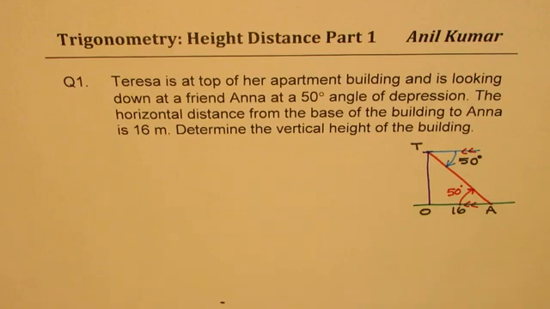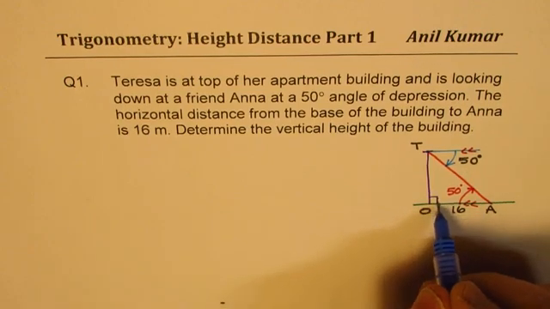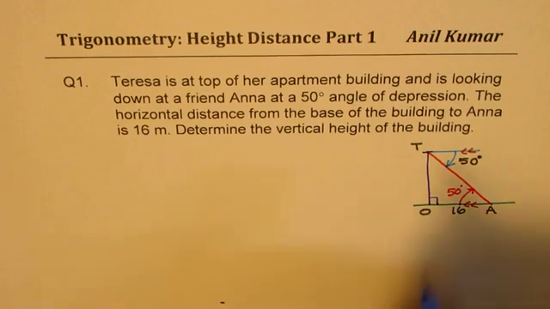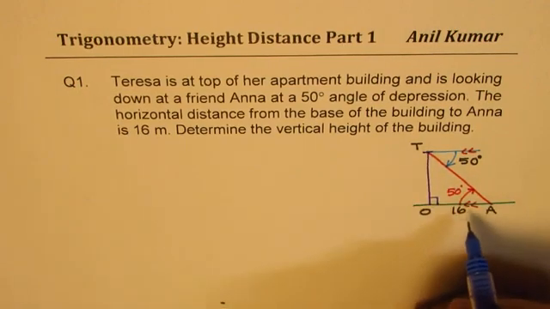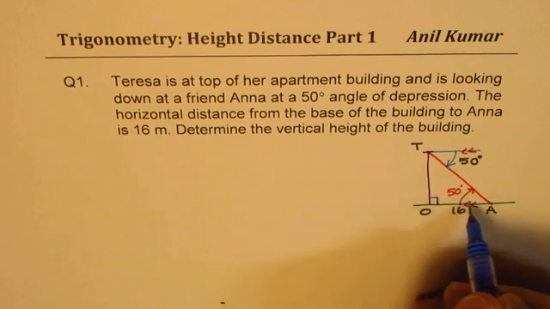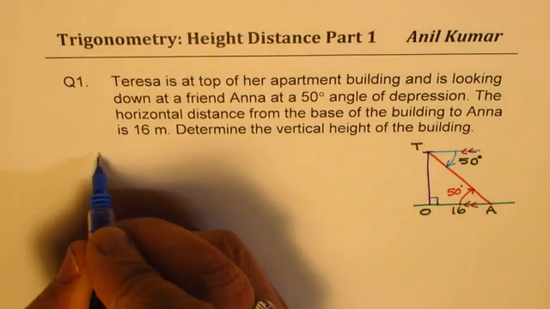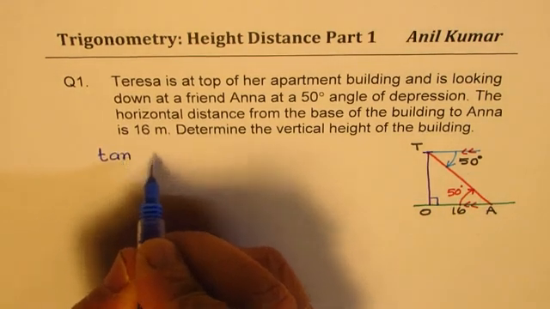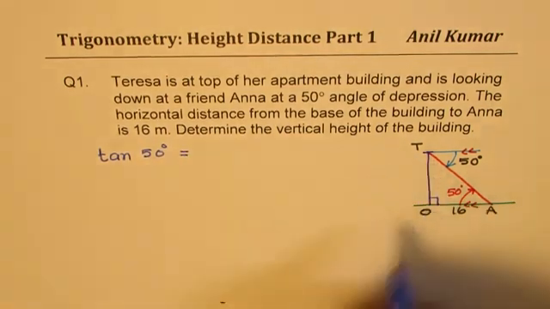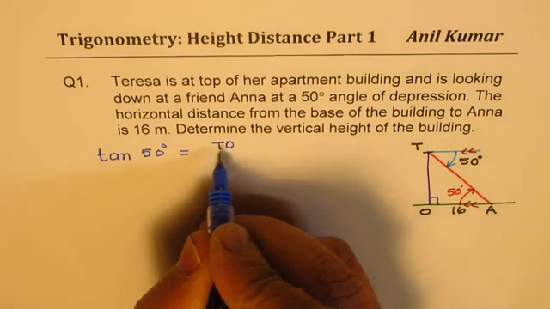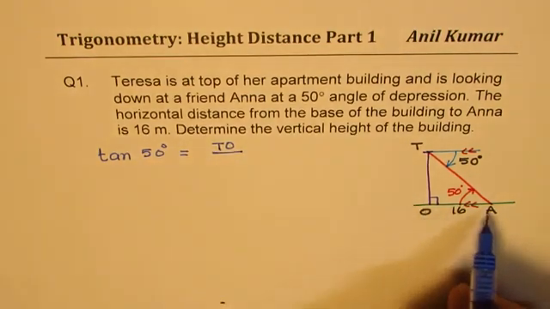Now in this particular triangle, as you can see, what we know here is the adjacent side, since this is 90 degrees, right? Building is straight. And we want to know T to O, the height of the building, correct? So they are related with tan ratio. So we can write down tan of 50 degrees is equal to TO over OA, right?